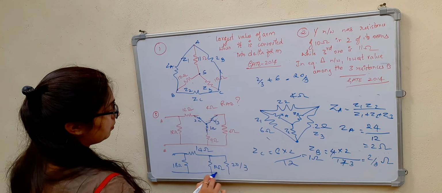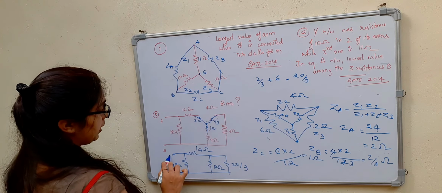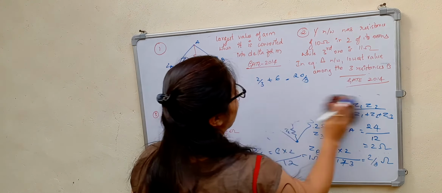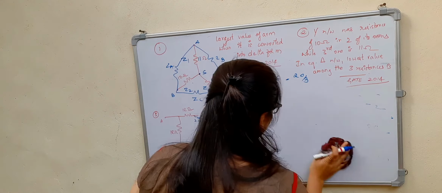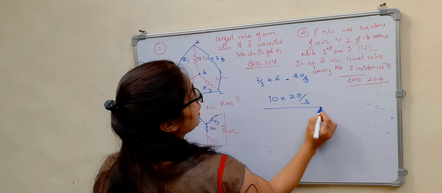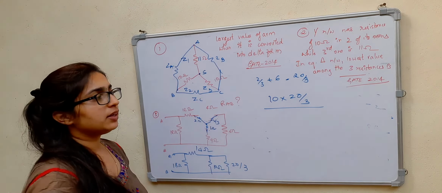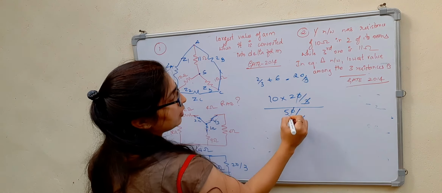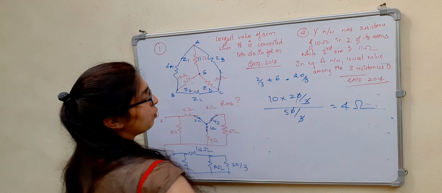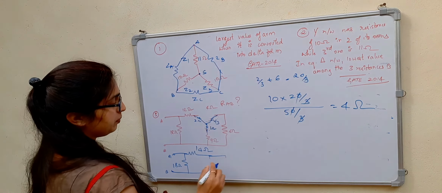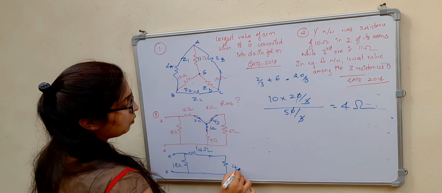So this is the terminal A and B. So 10 and 20 by 3, these are in parallel. 10 into 20 by 3 divided by 10 plus 20 by 3, that is equal to 50 by 3, so this becomes 4 ohm. So this is reduced to 4 ohm. Now what happens?